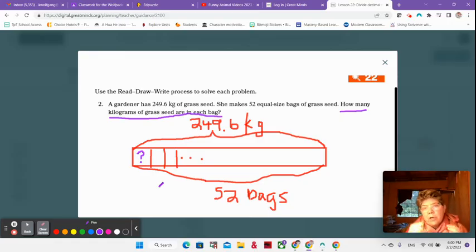So think about our total. We have our total 249 and 6/10. And we're going to divide that, dividing our total by 52. And that will tell us how much is in each bag, right?